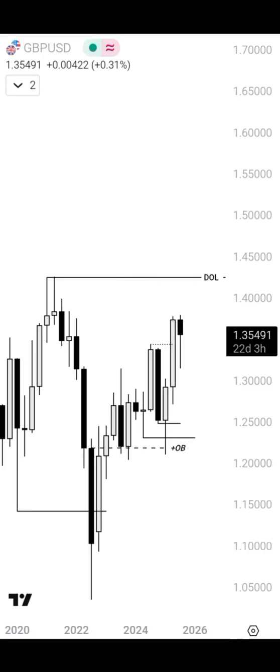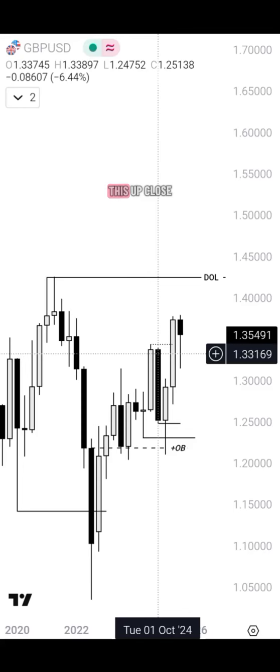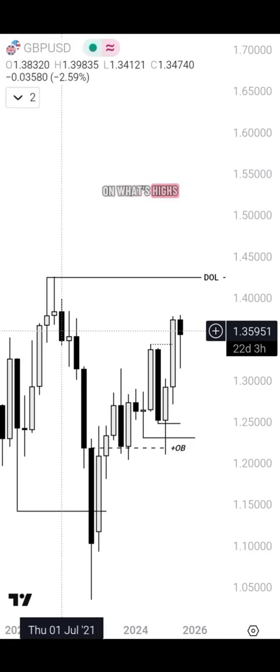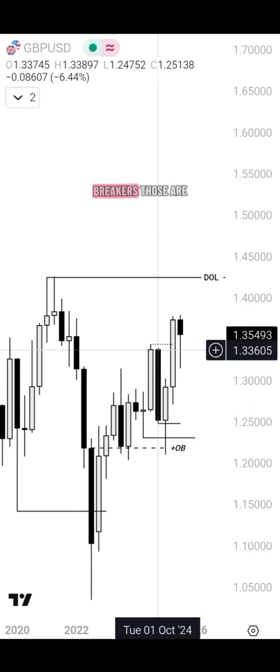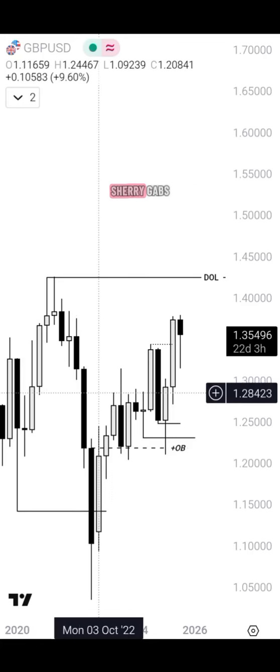So the key level that is likely to push price upward is this up close candle, which is a breaker. So I focus on highs and lows, order blocks, and breakers. Those are the 3 key levels I focus on mostly. Fair value gaps, I really don't pay much attention to them.